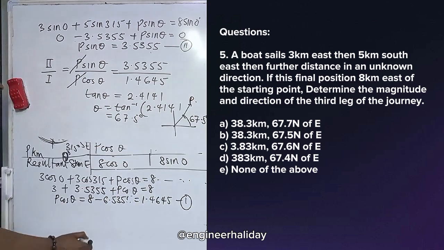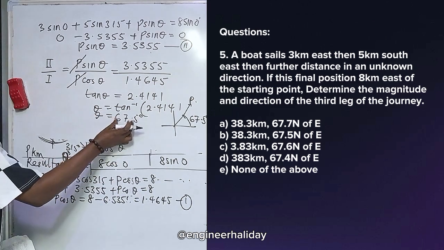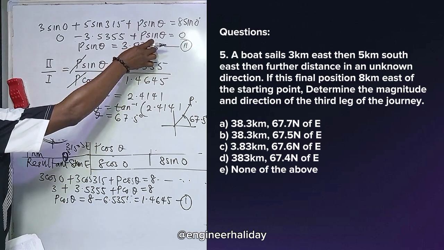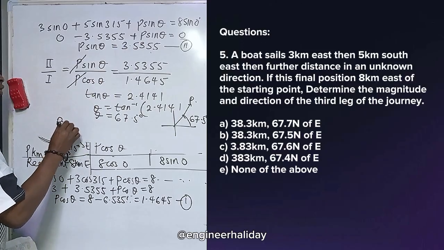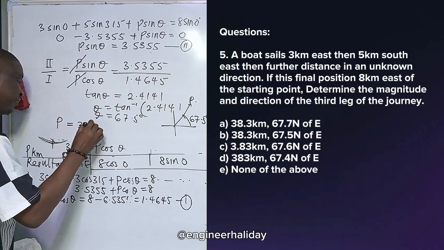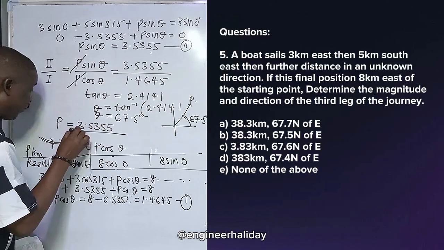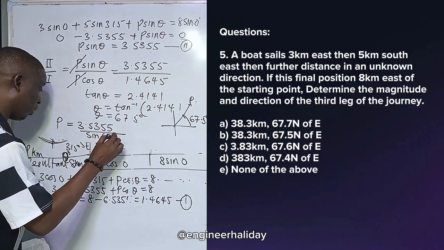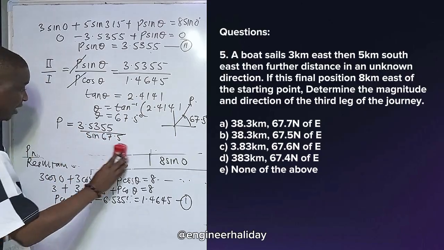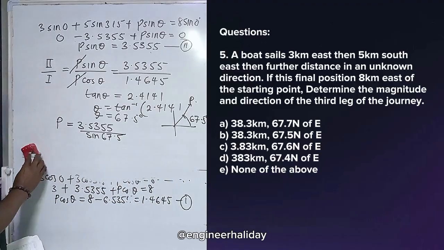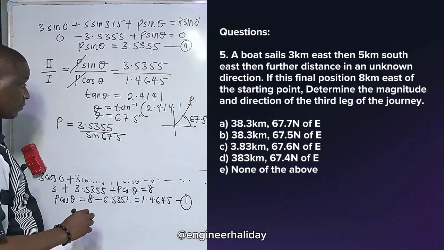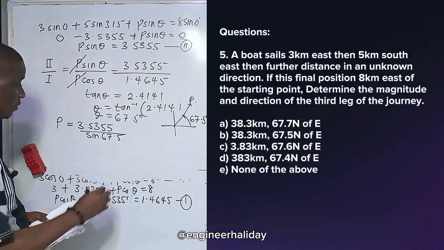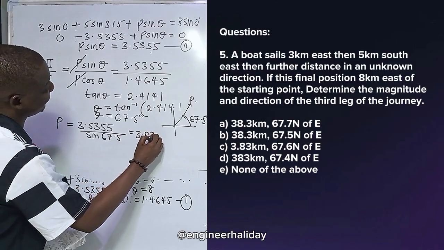So what is now the P we are looking for? We have got theta, so to get P, just put it into this equation. P will be equal to 3.5355 divided by sine of our theta, 67.5. So what will be our answer in kilometers? 3.83 kilometers.